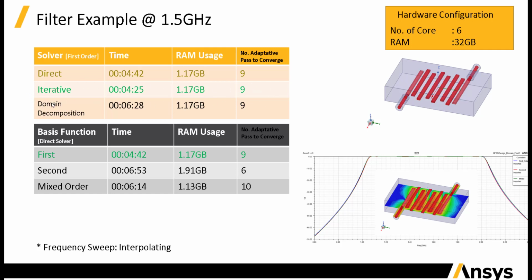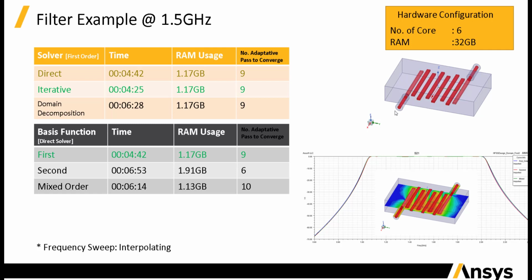Okay, and you can see domain decomposition took 6 minutes. It's mainly because if you divide the mesh into different cores, like 6 cores, it's not very easy to divide into 6 cores, right? You need to add a lot of additional header and footer and combine everything after computation.